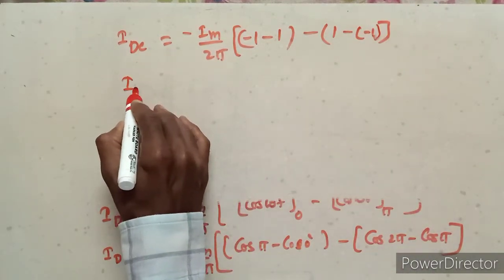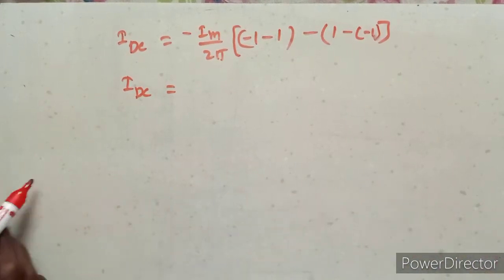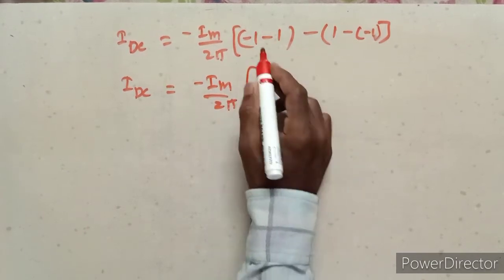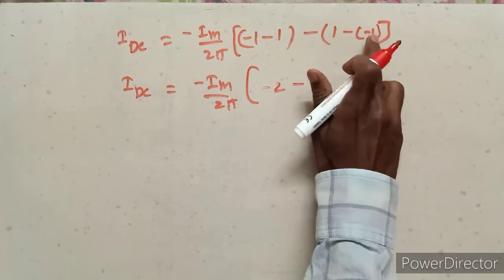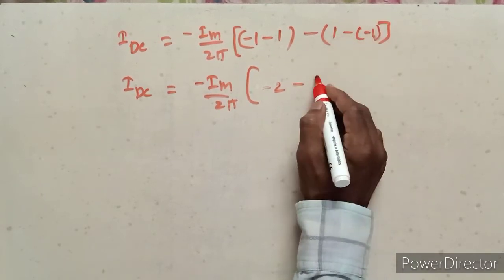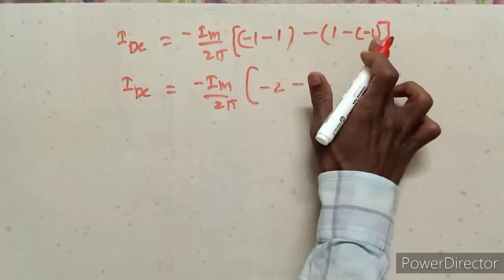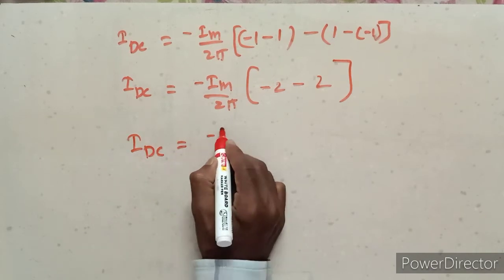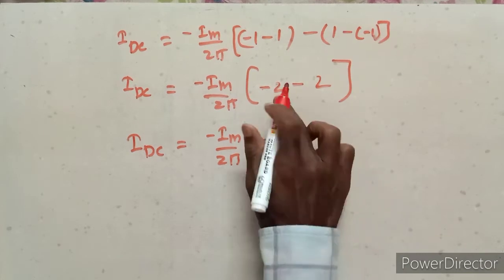So the DC value of the current equals minus Im upon 2 pi, minus 2 minus 2, that is minus 4. So the DC value of the current equals minus Im upon 2 pi into minus 4.